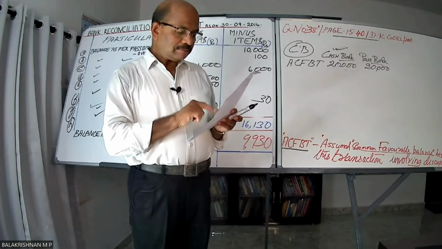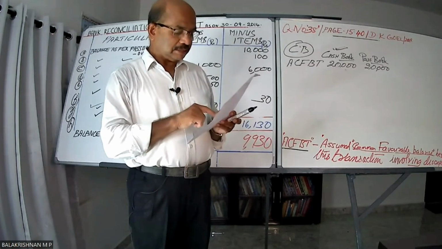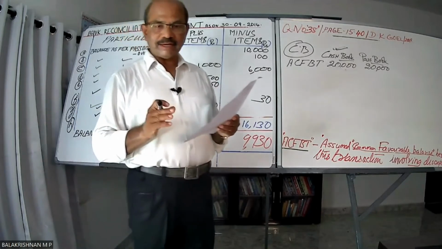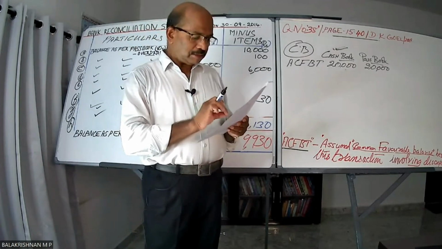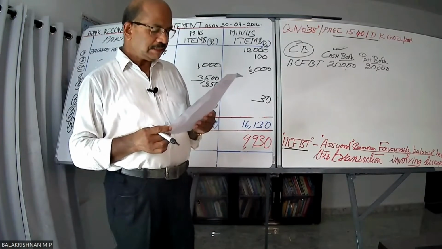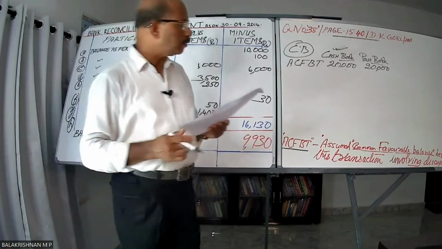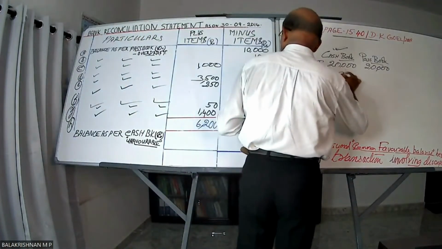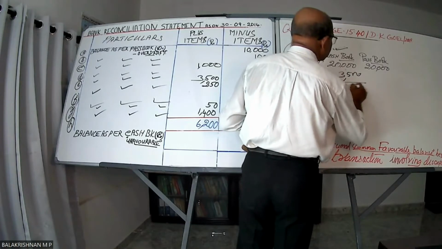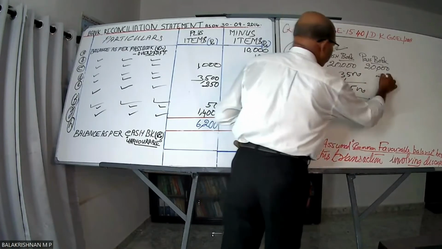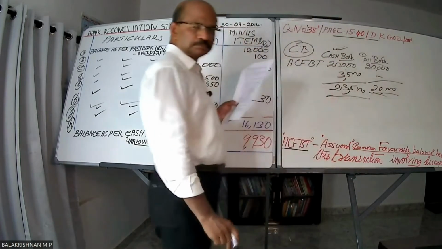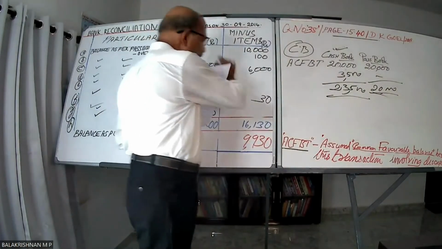So whatever was credited on a later date, that is 1,500 plus 2,000, 3,500. We can summarize it in a shorter way: to the extent of 3,500, checks deposited, not cleared. So to the extent of 3,500, in the cash book, the moment the check is deposited, it has come to 23,500. Here, it has not been cleared by the bank. So increasing effect. Hence, I have shown it here.